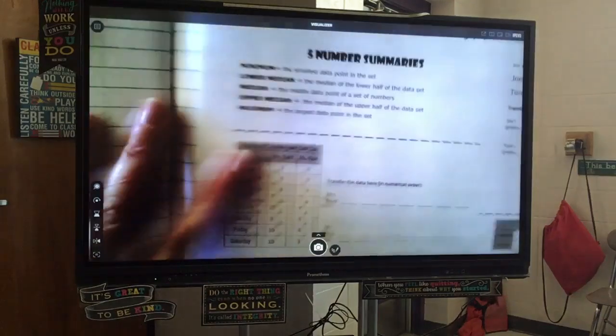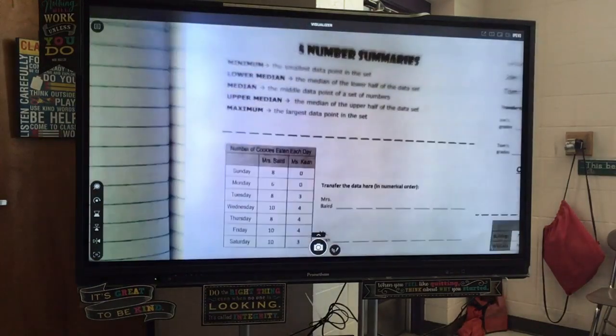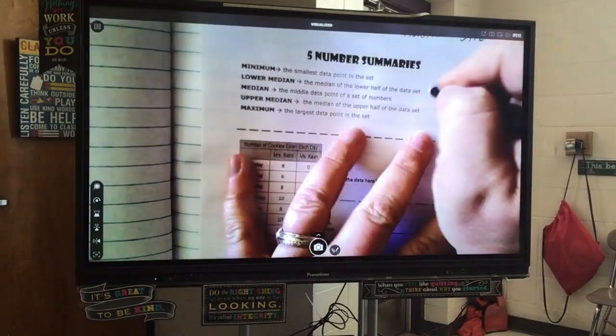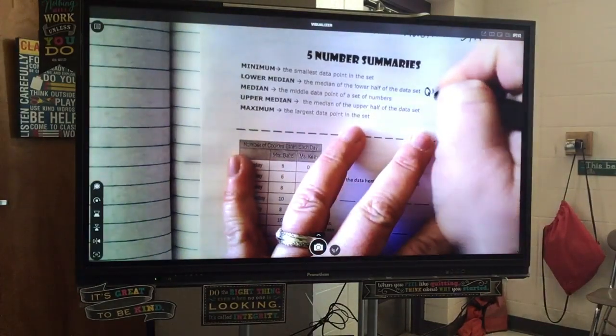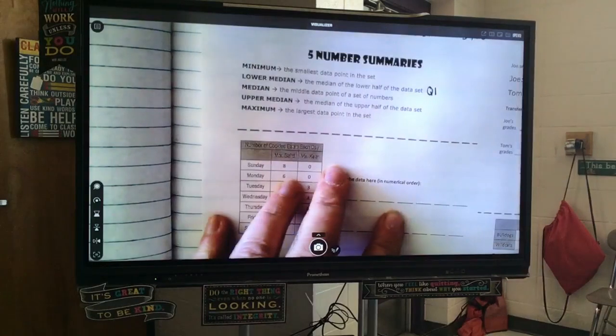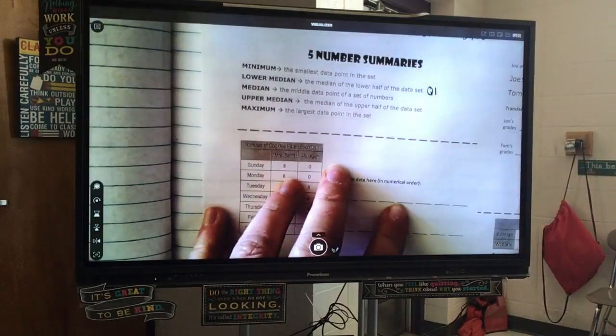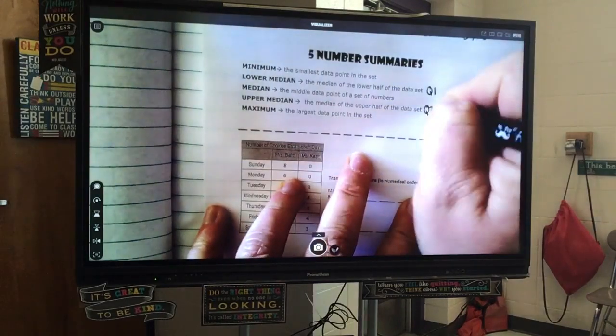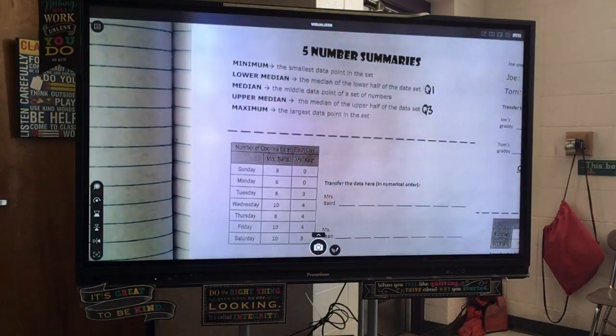At the top of this page, it reminds you what your median is, your lower median, which I want you to write next to that one: Q1, your median, your minimum, your lower median, your upper median, which is your Q3, and your maximum.